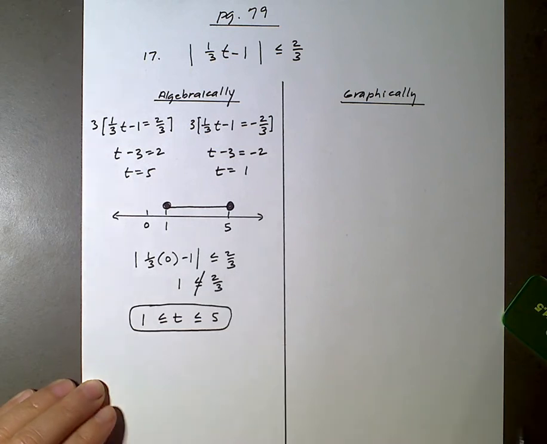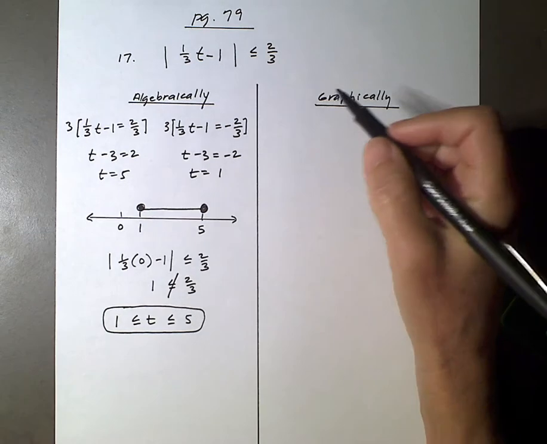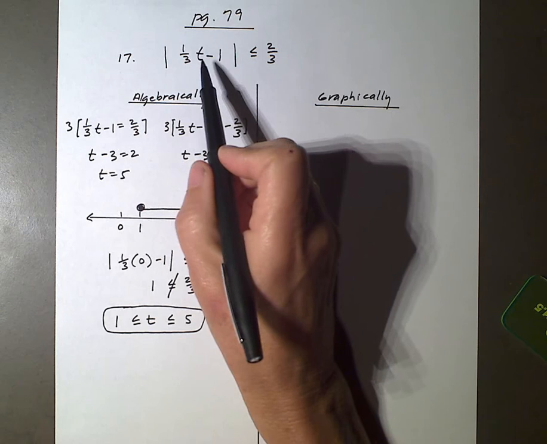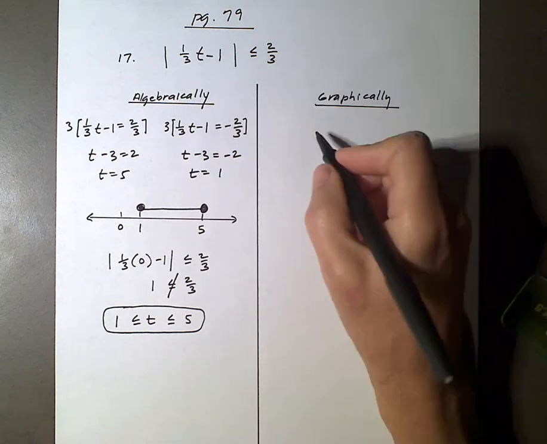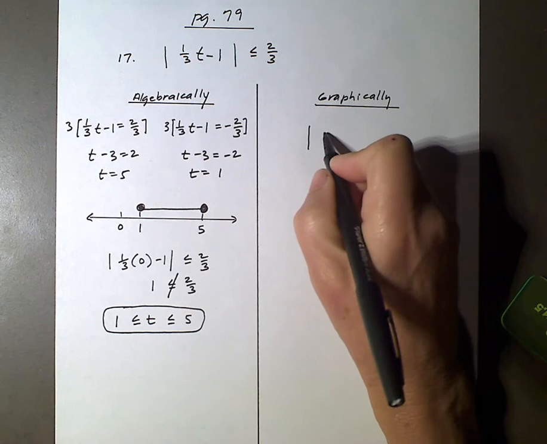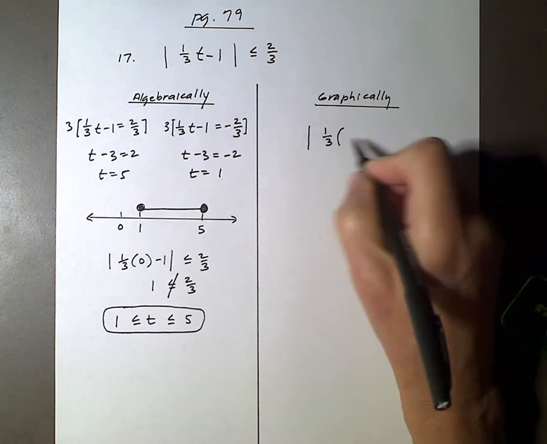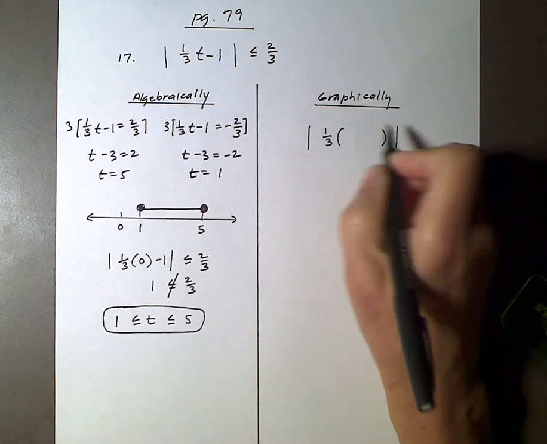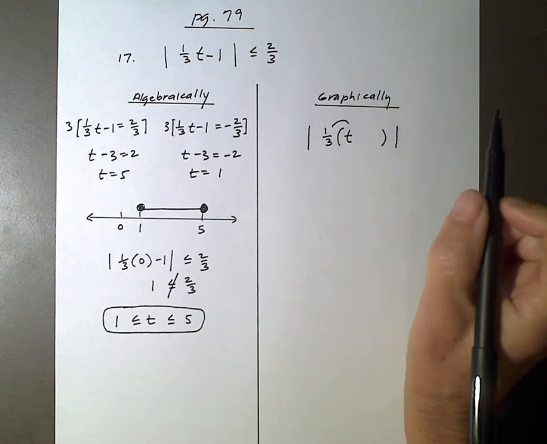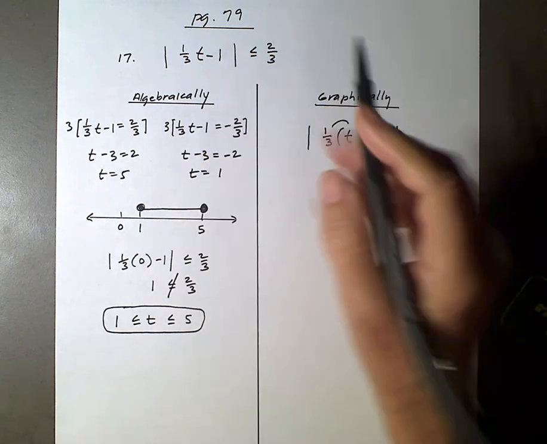Okay, now, the same problem done graphically, what I've got to do is I've got to get this to be a 1t instead of a 1/3 t. So if I take that expression, the 1/3 t minus 1, and I factor the 1/3 out to the front, I'll have a single 1t in here, and when I divide 1 by 1/3, I get 3.